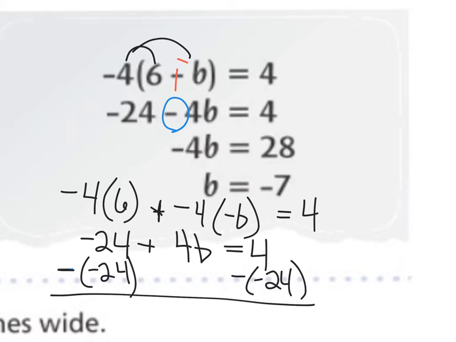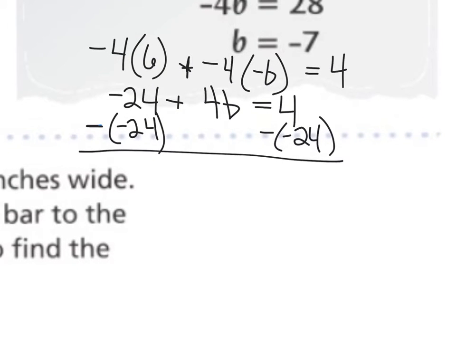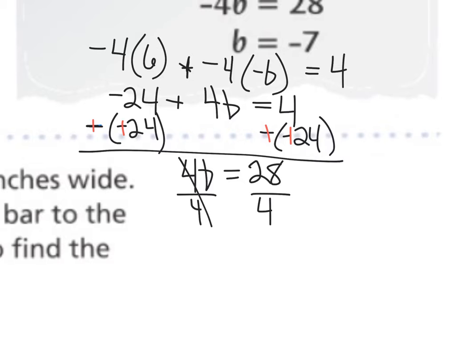Or you could think, we've got negative 24, we need a positive 24 to cancel it out, which is what's going to happen after you add the opposite here. So we do that, we've got 4 plus 24 would be 28, and then we need to divide. 28 divided by 4 is 7. So the answer should have actually been 7 instead of negative 7.